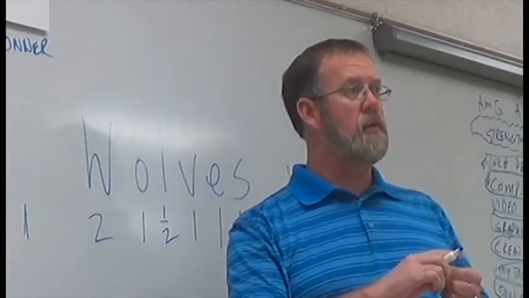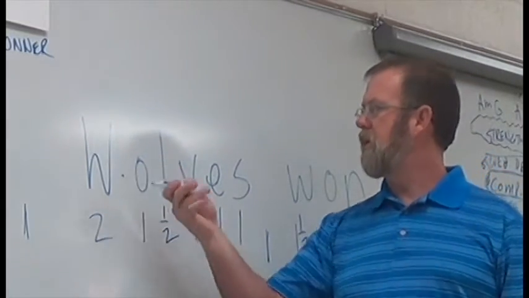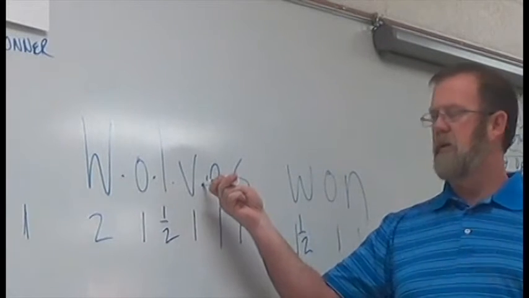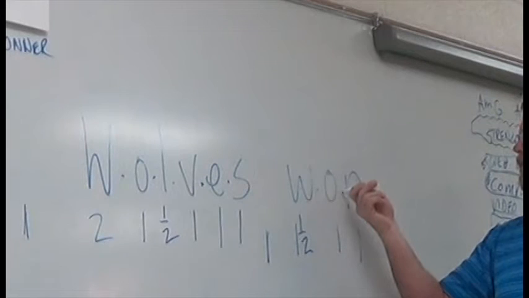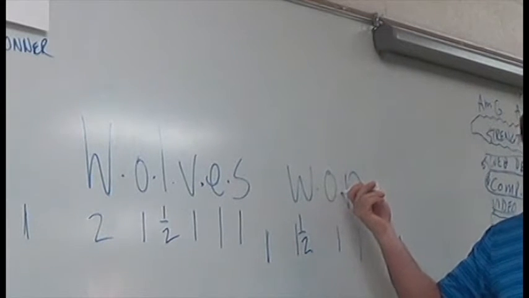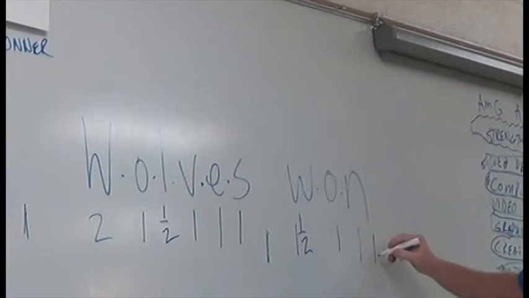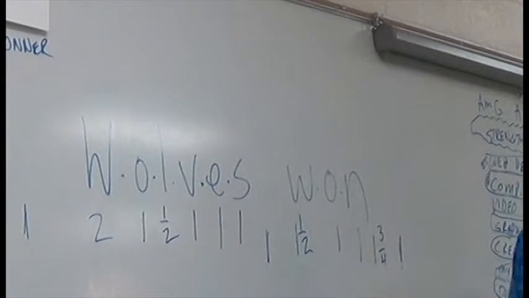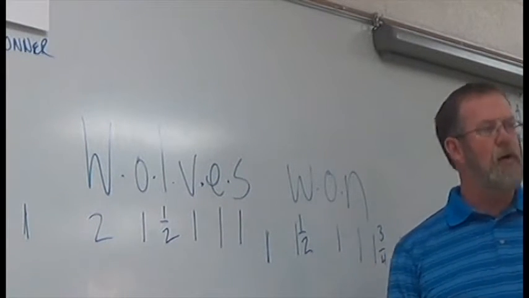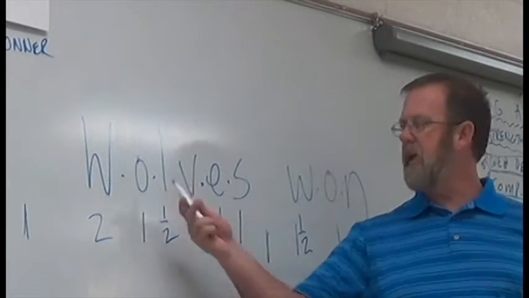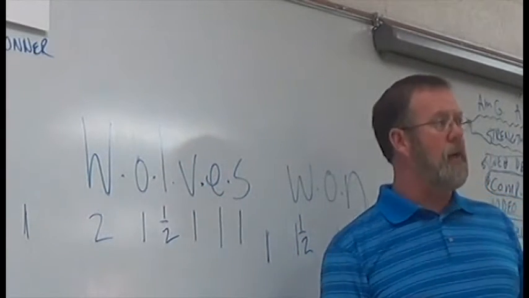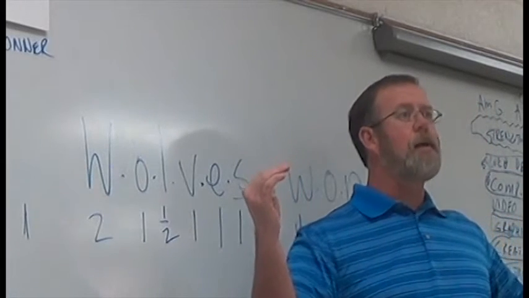You guys ready for this? 1, 2, 3, 1 inch. 1, 2, 3. 3/4. So right down here, I'm just going to put 1 and 3/4. I've accounted for that spacing. When I set up my paper, they each have to have 1/4 of an inch. Right now, we're just trying to see how wide it is.